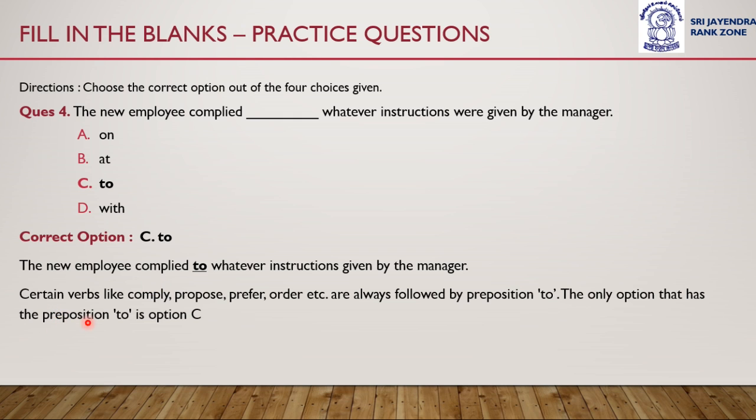Why? Because certain verbs like comply, propose, prefer, order, etc. are always followed by the preposition to. The only option that has the preposition to is option C. Therefore, option C is the correct answer. Now let us move on to question number 5.